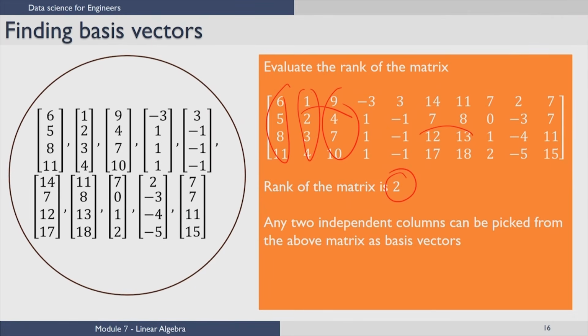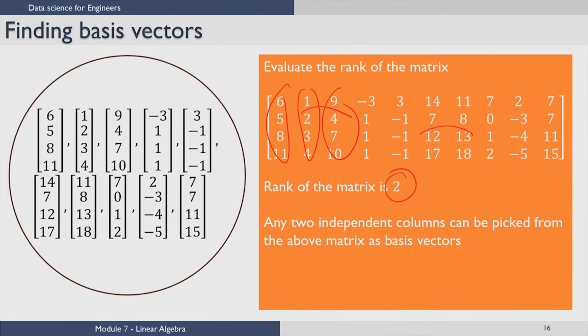I can choose any 2 columns as long as they are linearly independent of each other, and this is something we know from what we have learned before, because we already know that the basis vectors need not be unique. So, I pick any 2 linearly independent columns that represent this data.